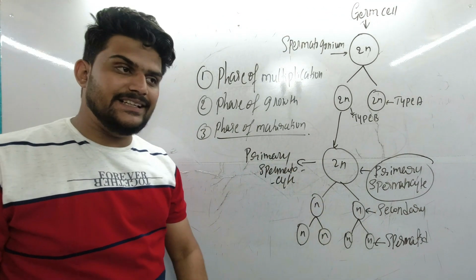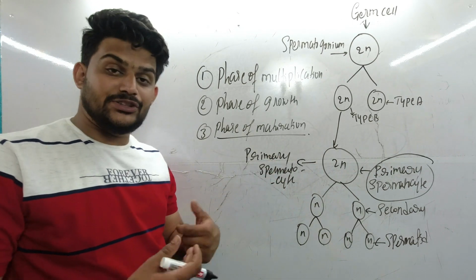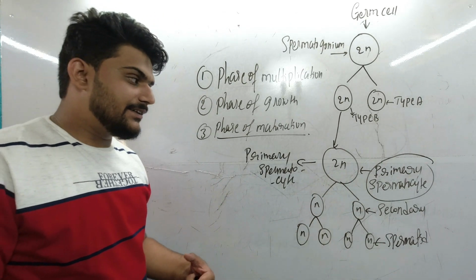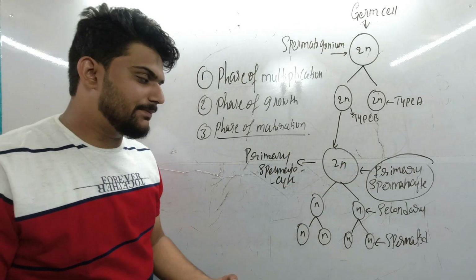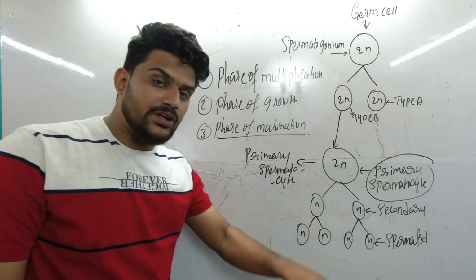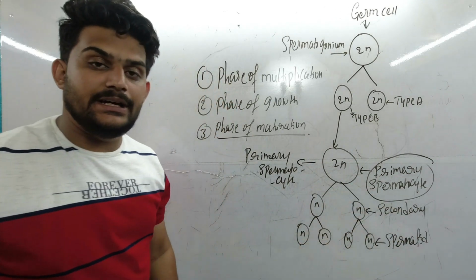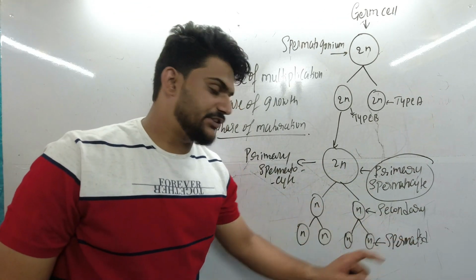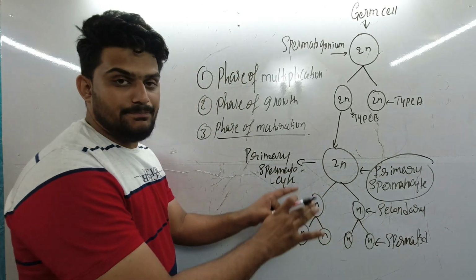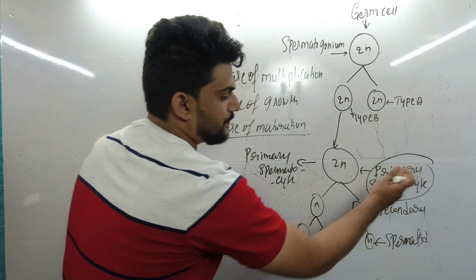Here maturation means the diploid primary spermatocyte we get is going to divide through meiosis, and we are going to get haploid spermatids. First, the primary spermatocyte divides meiotically to get secondary spermatocytes.